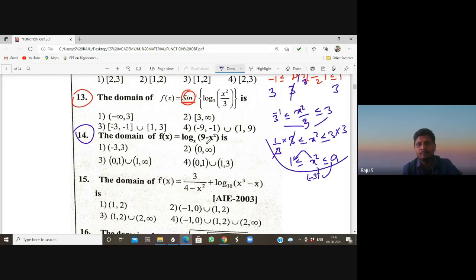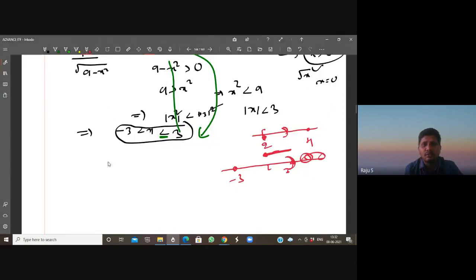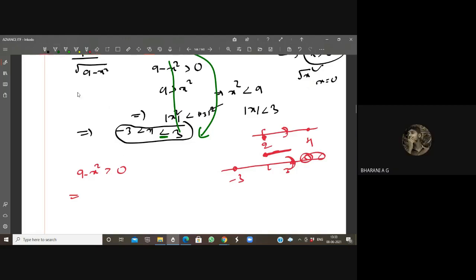Actually, we know log x is defined when x is greater than 0. Remember that. The domain of a logarithmic function is always greater than 0. In place of x, the function here is 9 minus x square. So 9 minus x square must be not greater than or equal to 0, just only greater than 0.